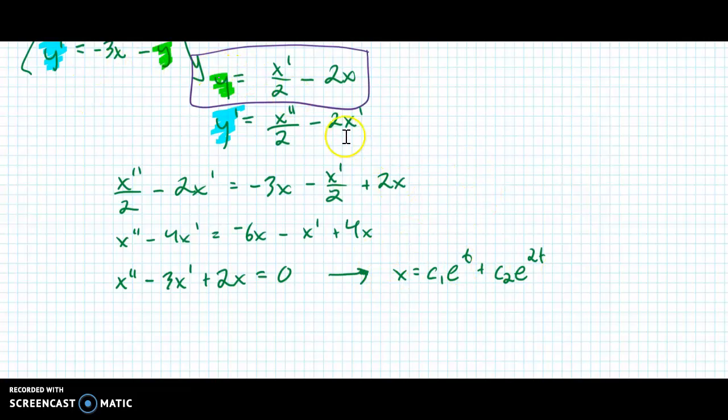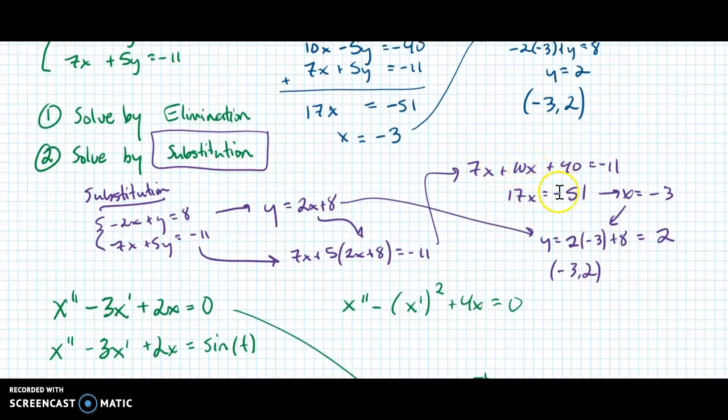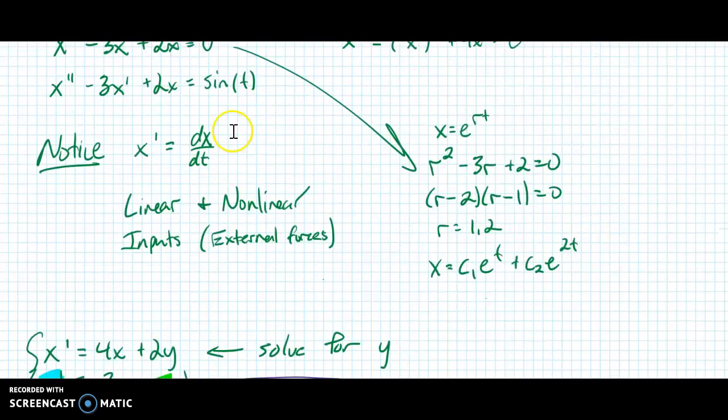Now that I know what x is, I remember originally had y in terms of x's. So at this point I've solved for the x here, and this is the line that I had there with y in terms of x and x prime, and I need to plug that stuff in.